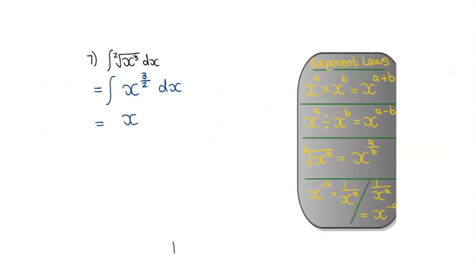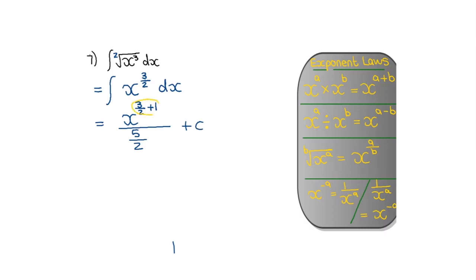Okay, now it's in exponent form, so I can use the rule that says write down what you have plus 1 and divide by this new exponent. Now 3 over 2 plus another 2 over 2 is going to be 5 over 2. So I divide it by what this gave me, which is 5 over 2.